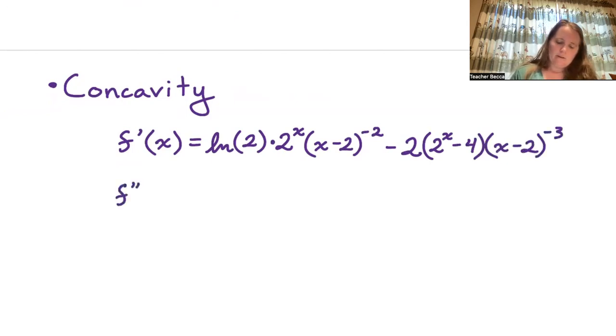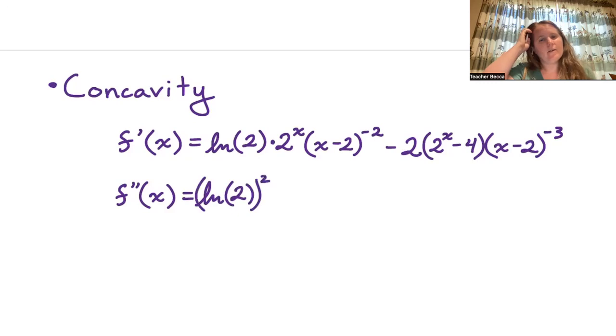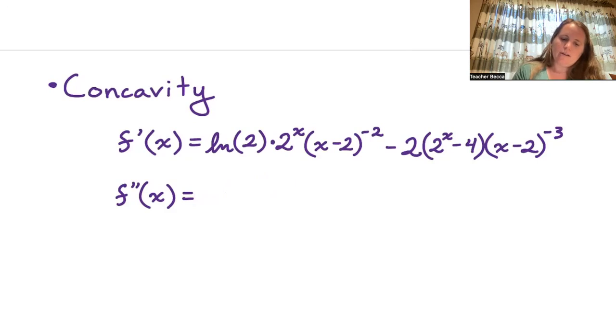So the second derivative, we would be looking at a natural log of 2 squared. When we take the derivative of 2 to the x, we get another natural log of 2 times 2 to the x. Actually, let's write out the rules.